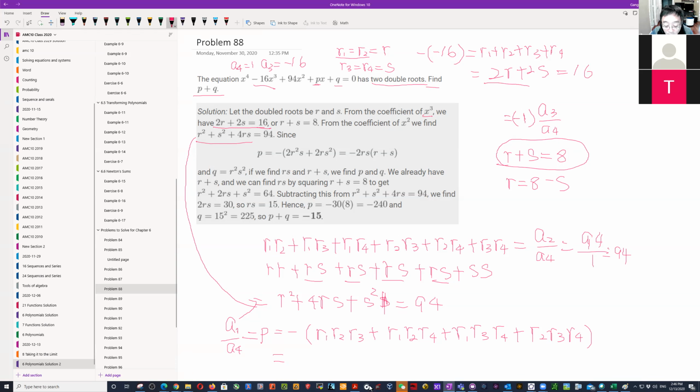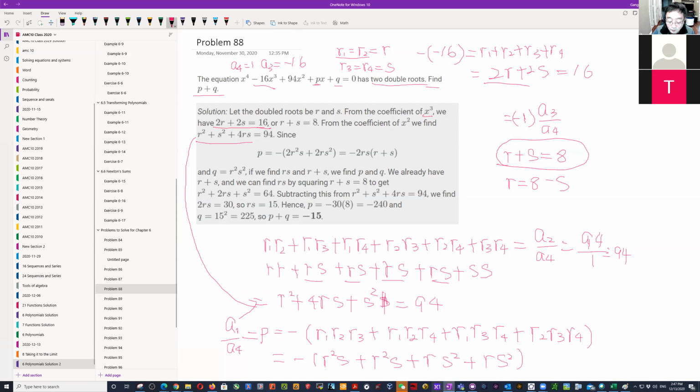And this you are able to plug in. Let's say that we can check: this is R square S plus R square S plus R, and this is S square plus R S square.